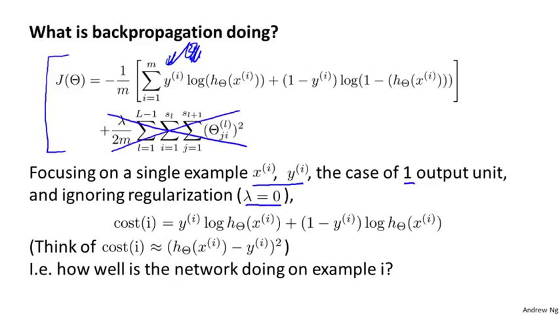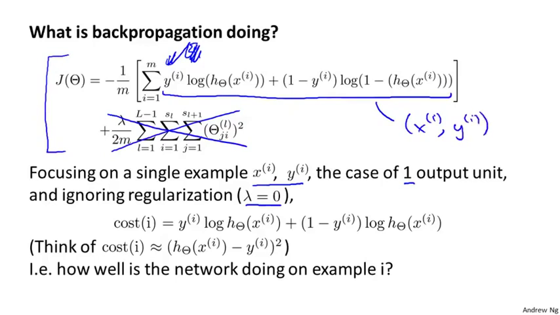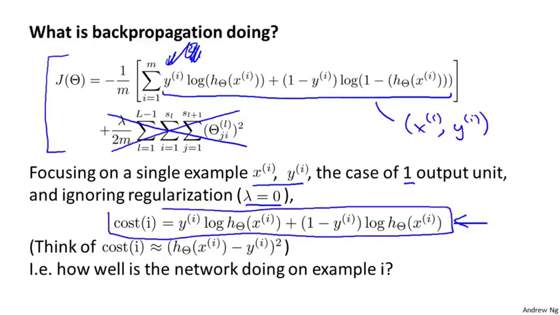Now, if you look inside this summation, you find that the cost term associated with the ith training example, that is the cost associated with training example xi, yi, is given by this expression. And what this cost function does is it plays a role similar to the squared error.